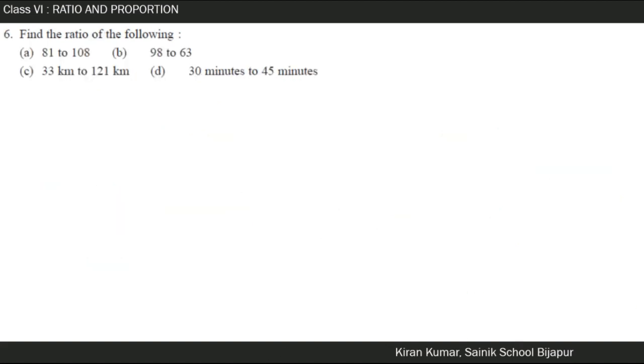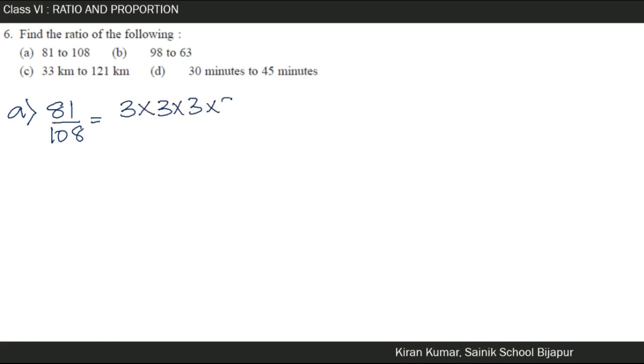Question number 6. Find the ratio of the following: 81 to 108. That's the first one. So let me start here. 81 upon 108. We can further simplify that. I'll give you a simple method. This can be expressed as a product of primes.